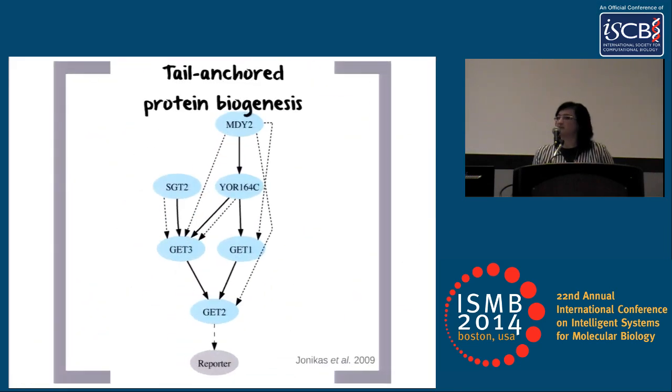Finally, here is an example of an inferred gene network on a set of genes from the Surma et al. data set. In particular, they were focused on various aspects of lipid biology. Here is one pathway, the tail-anchored protein biogenesis pathway, where the solid edges in this network indicate the edges that were inferred by RET.